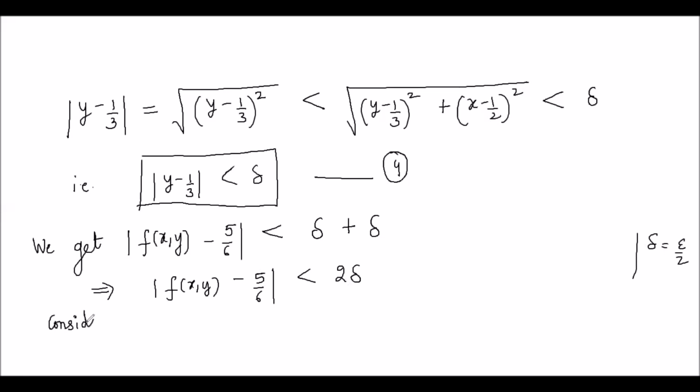Considering delta as epsilon by 2, we get mod of f of x y minus L, which is 5 by 6, is less than epsilon.